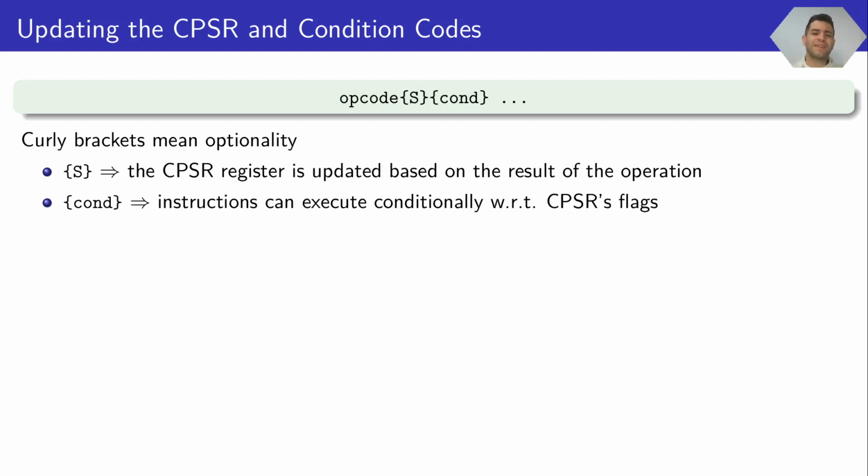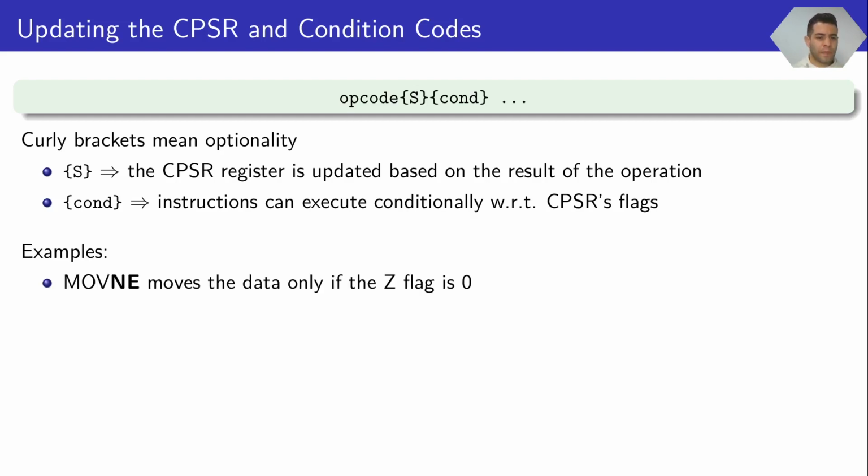What does it mean? If, for example, we have a move with some condition, this instruction will be executed according to the value of some CPSR flag. Let's see some examples. In this case, we have MOVNE. It means that it moves the data only if the Z flag is 0.